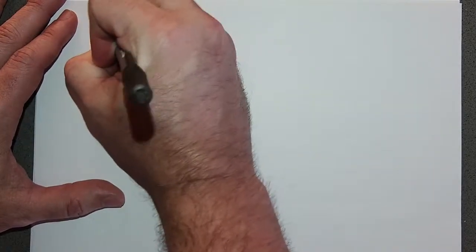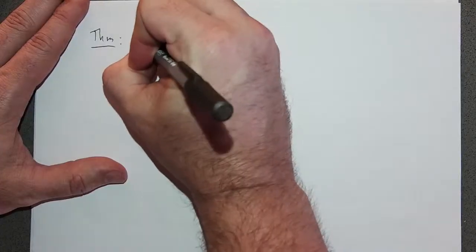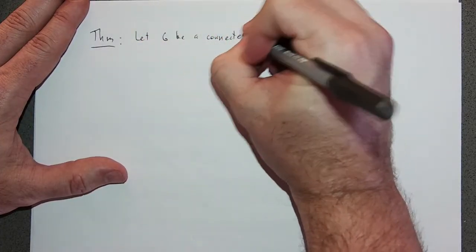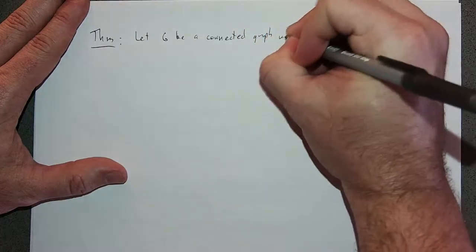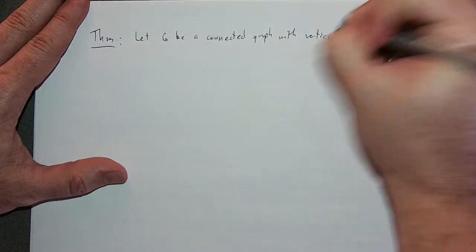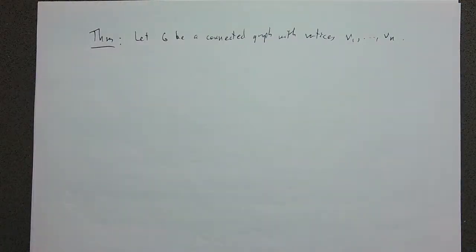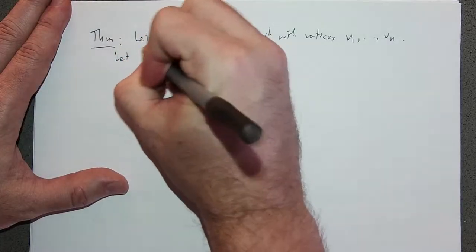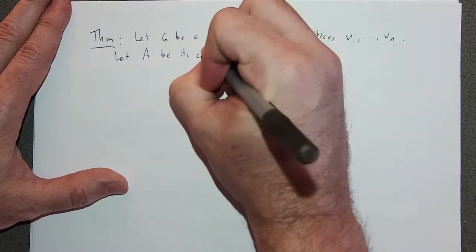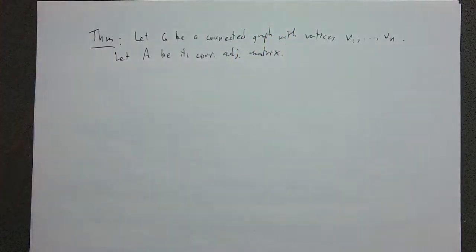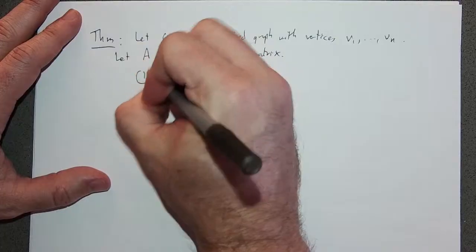So, theorem: Let G be a connected graph with vertices labeled in the usual way V1 to Vn. Let A be its corresponding adjacency matrix. Then, a few facts.